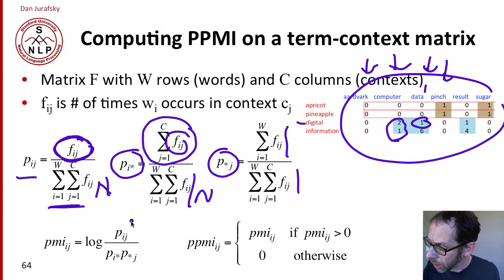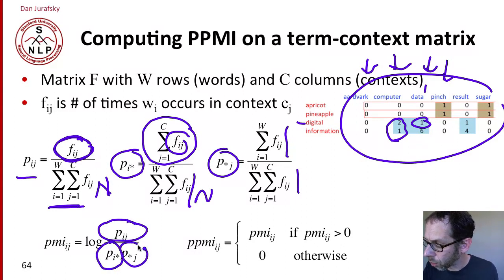And we take these probabilities, the probability of a word and a context occurring together over the probability of a word times the probability of a context. We take that log, and that's our PMI. And our positive PMI is, if it's less than 0, we replace it with 0.